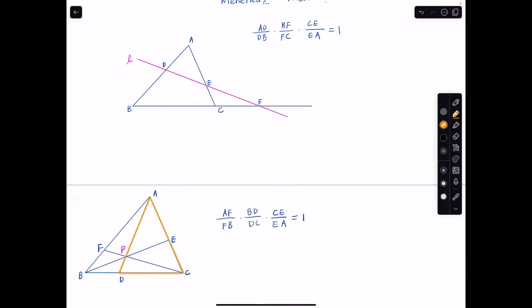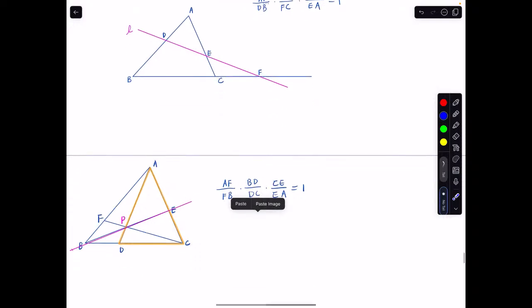I'm going to use a different color here. Let's say the line is this one. Notice that this straight line cuts the triangle at three different points, that is points E, P, and B.